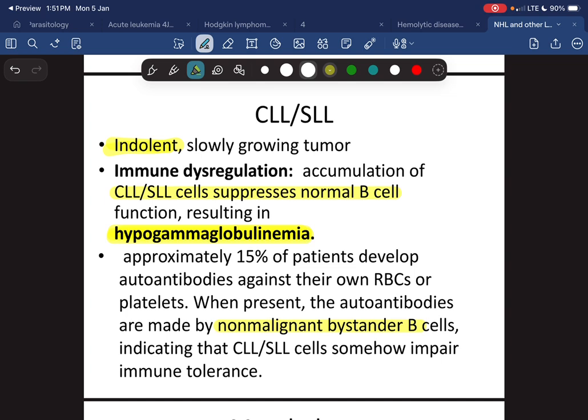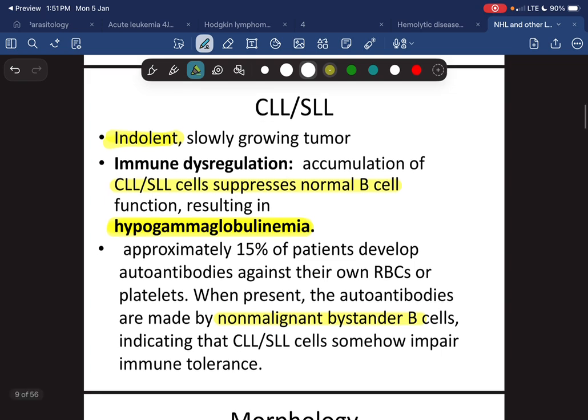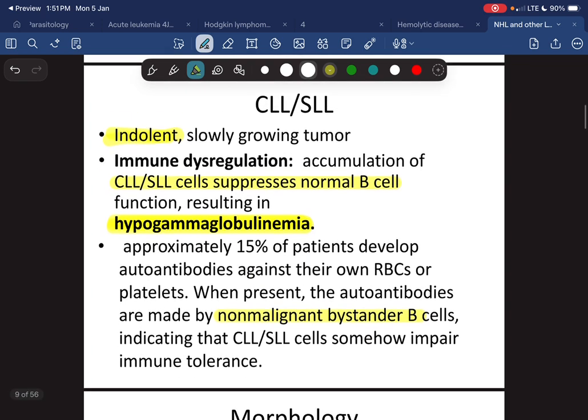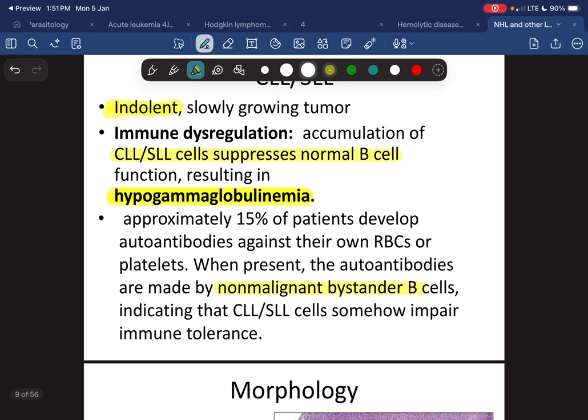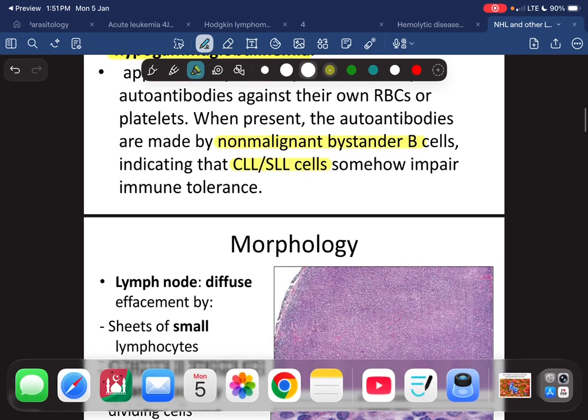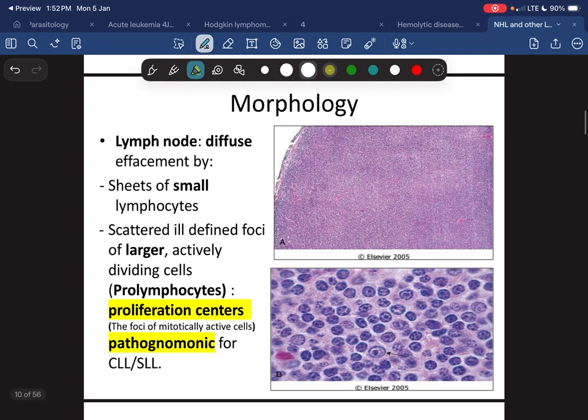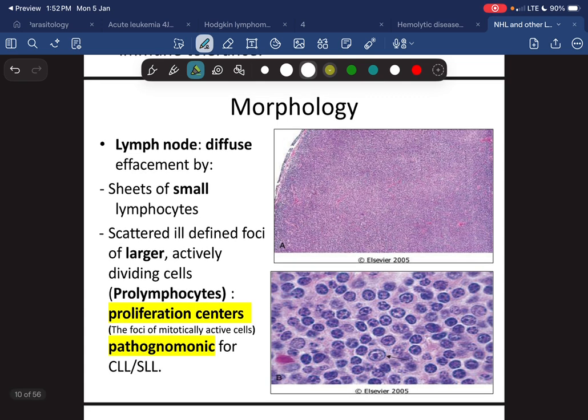Morphology: if we take a lymph node from a patient with SLL, we will see effacement of the architecture. We will not see lymphoid follicles, like a normal lymph node. Effacement by sheets of small lymphocytes and scattered foci of larger, active cells called what?